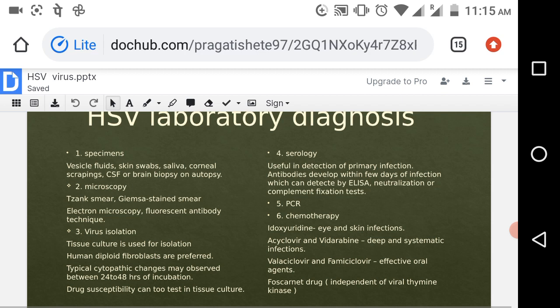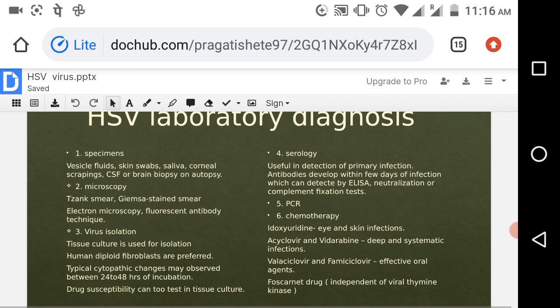Now we know that virus is present in our sample, so the next step is to isolate that virus. Now how will we isolate that virus? We will use tissue culture. Okay, tissue culture is used for the isolation. Virus can't be isolated on our general media, right?